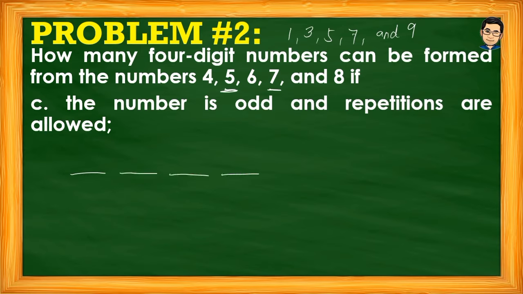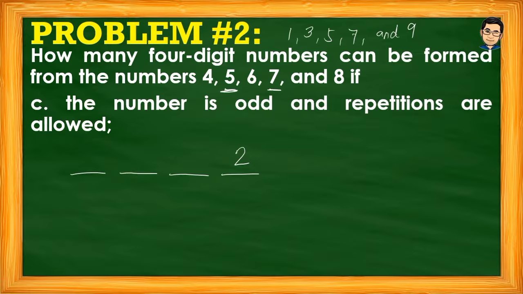So, and then sa last digit natin, okay, so ang pwede lang po natin ilagay is 2, yung bilang ng mga odd numbers sa ating mga numbers na nakalagay. So, 5 and 7. And then, since repetitions are allowed, so pwede pong umulit yung mga numbers. So, kung ilan yung bilang ng numbers na nakalista po dyan, yun po ang ilalagay natin sa mga tatlong blanco.